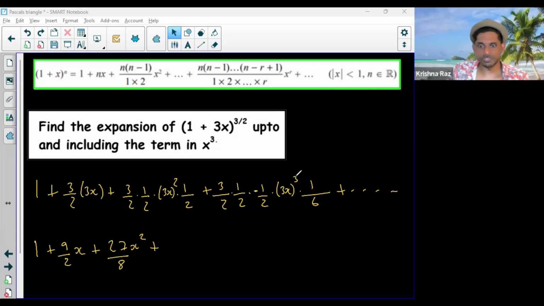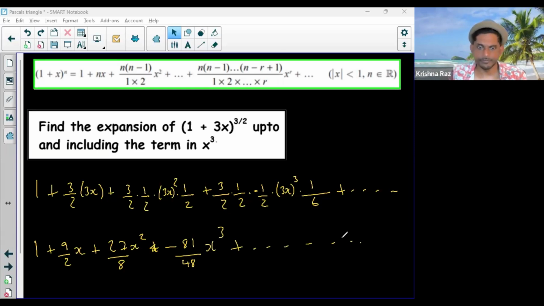So that's 3 to the power 4 essentially. So we have 81 but negative. All over 2 cubed, which is 8 times 6. x cubed. Yeah? So this is the formula that we're going to be using in the A2.